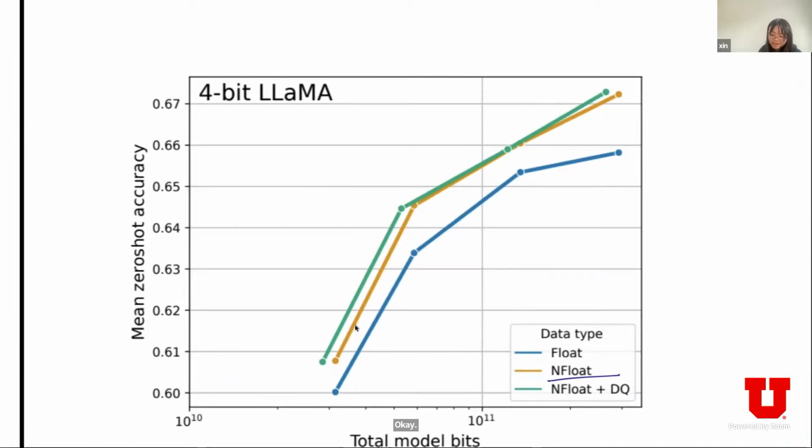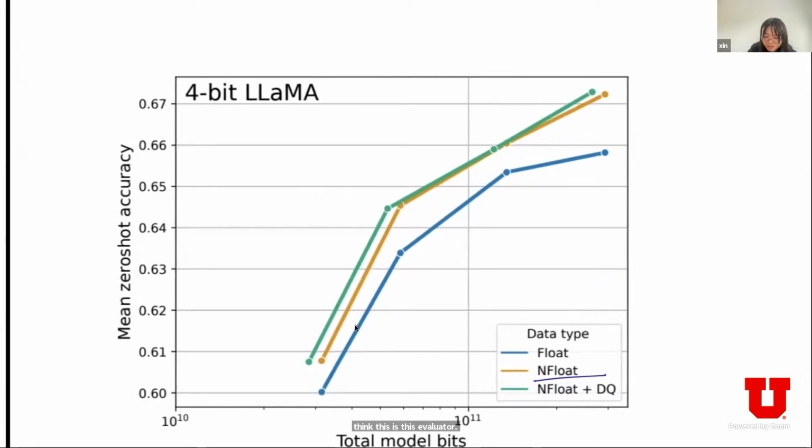Actually, the x-axis is the total model bits. So it means that because the quantization makes the model much smaller, the 30 billion model after quantization will become somewhat like a 4 billion model.